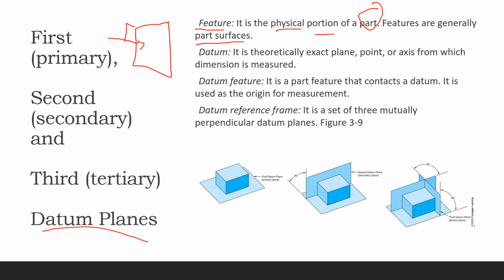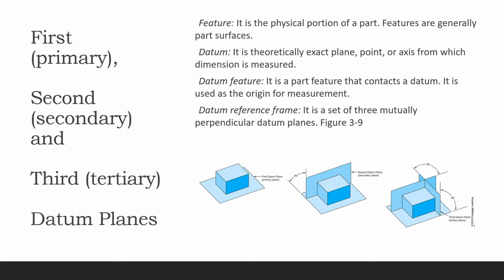Nothing but surface. So we have the 1, 2, 3, 4, 5, 6 surfaces on this rectangular block, okay? So feature, every time you see this term, you know that it's just a physical portion of a part, especially the surfaces.